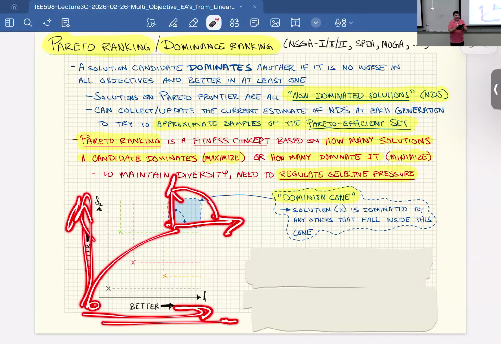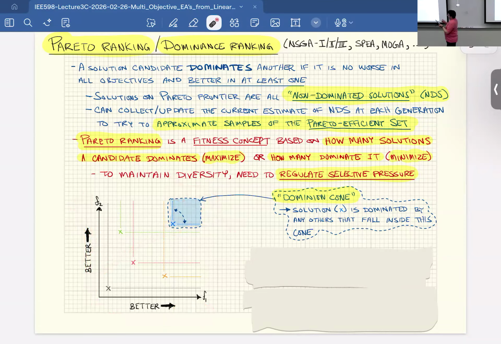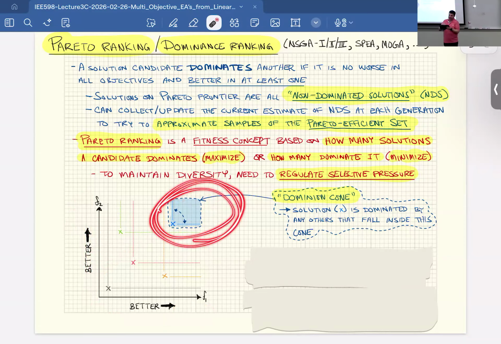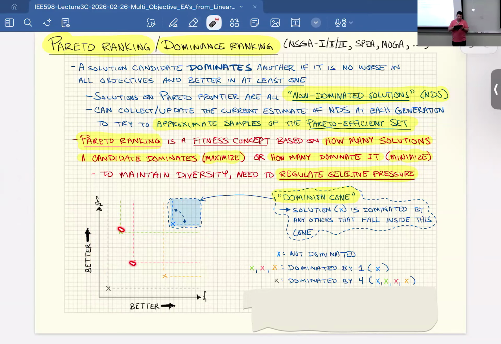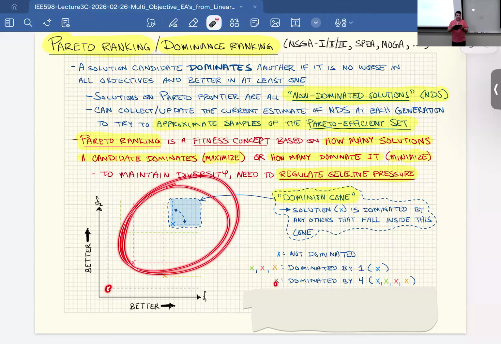Anything in the resulting cone dominates that solution. So this blue solution is not dominated by any of the other solutions. But the green, red, and orange solutions are all dominated by the single blue one. And this black solution is dominated by all four of these.